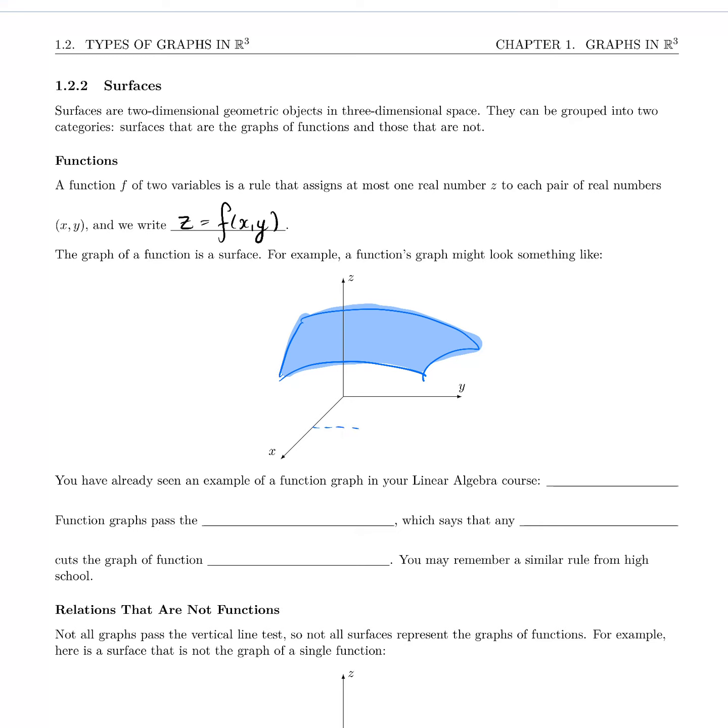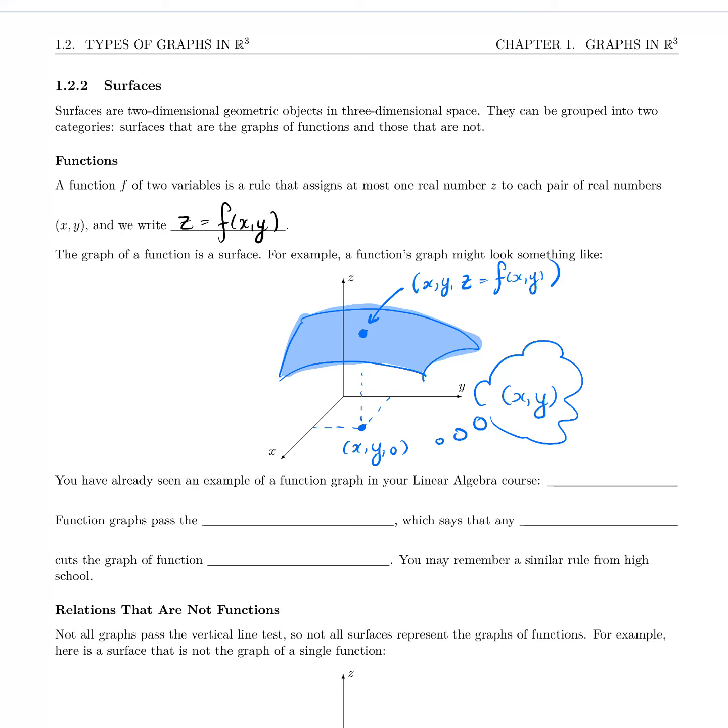The idea here is that for any point down in the xy plane, so this is x, y, 0, but we think of this as being in the domain, so we think about this as just a point x, y, although strictly speaking in three-dimensional space it's x, y and 0. This point maps up to a point on the function surface, and the coordinates of that point would be x, y, and z, where z is calculated as a function of these two input values, x and y.